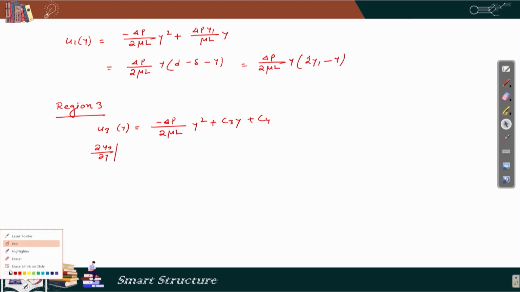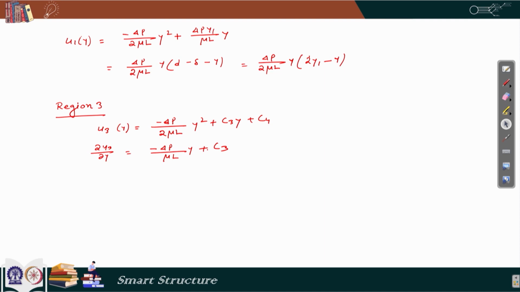We are not evaluating del u3 by del y anywhere, we are just writing the expression: del u3 by del y is equal to minus del p by mu L y plus C3.